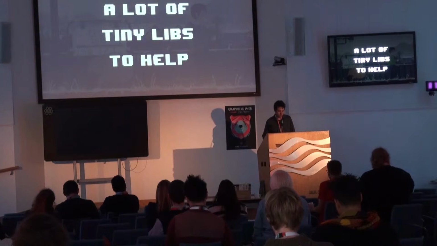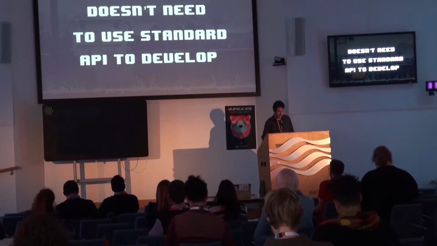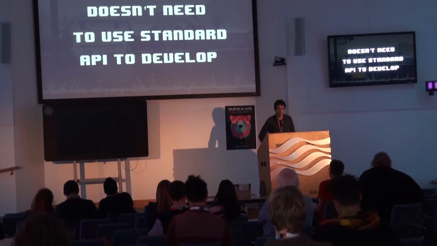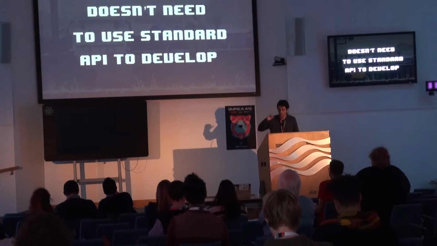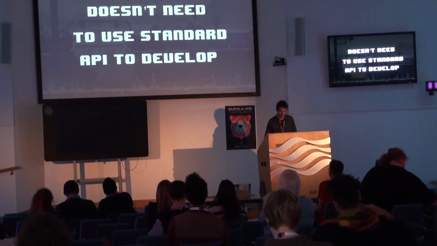So we have a lot of tiny libs to help. You don't need to use a standard API to develop it. You don't need to know React or Polymer or other things, about the base to start developing.